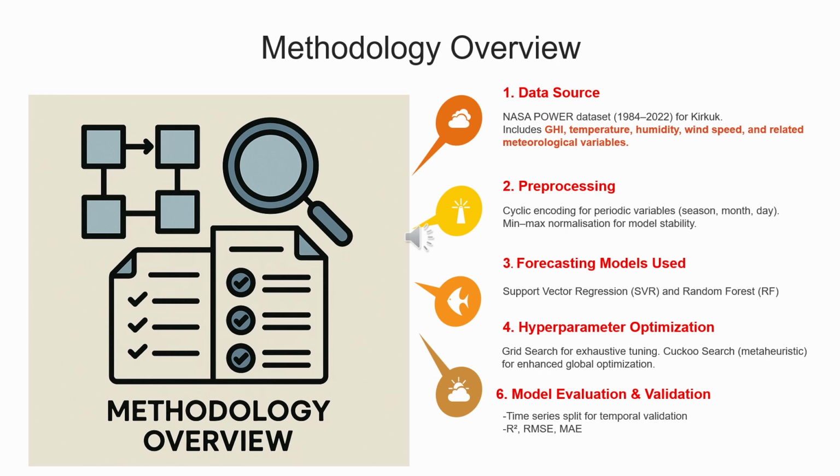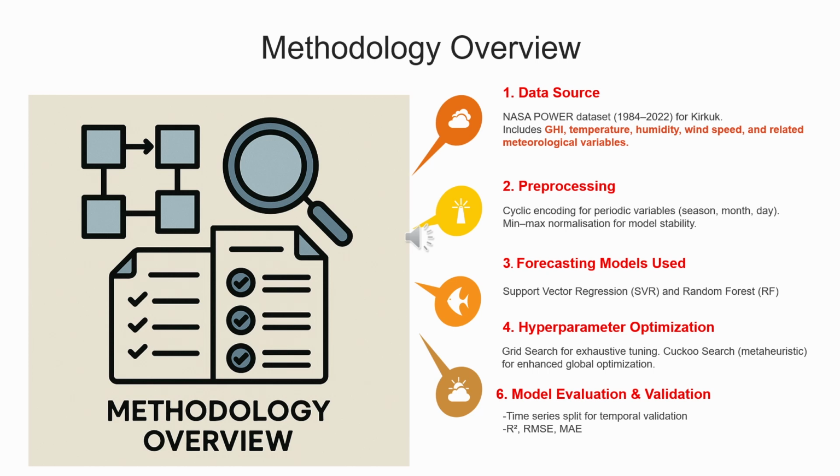Forecasting models used. The forecasting models used include support vector regression, SVR, and random forest. We use two algorithms in this paper to see how they are affected by the hyperparameter optimization, which are grid search and Cuckoo search.